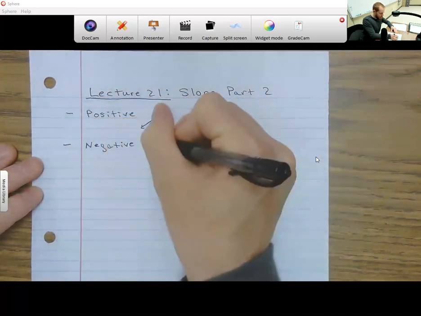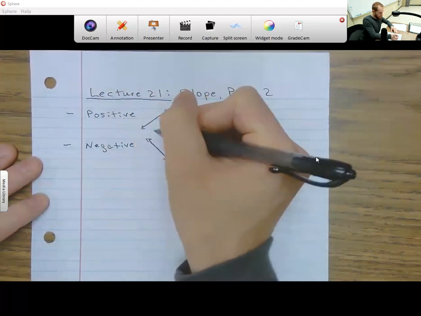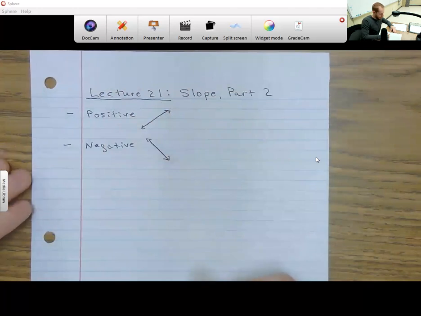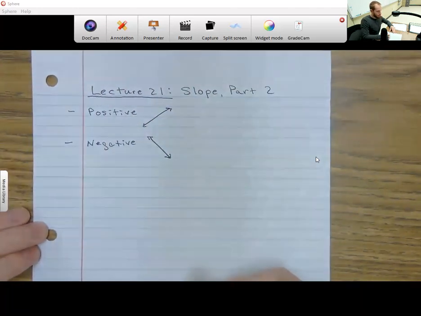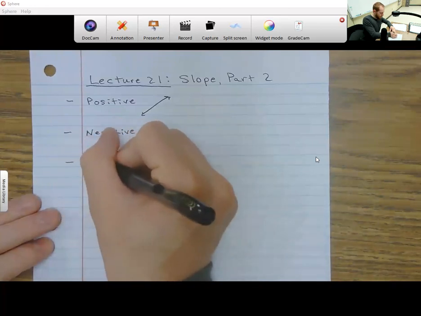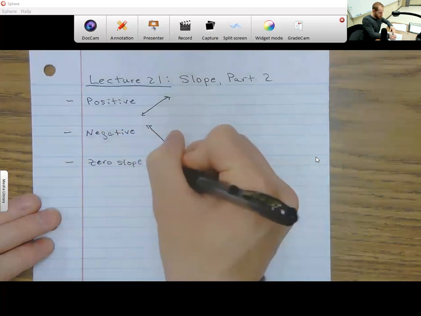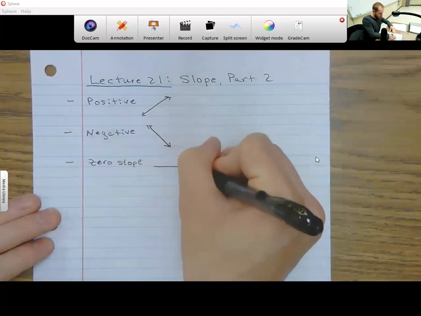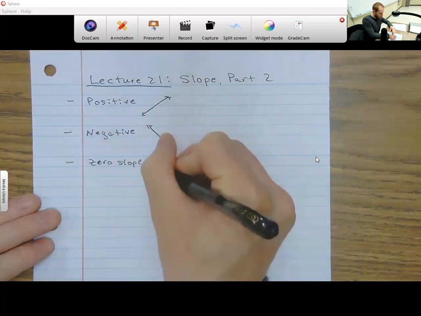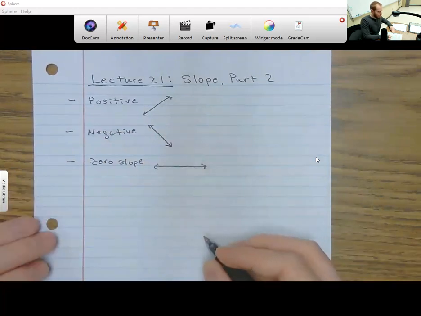In that case, your line would be going down from left to right. So look kind of like that. And then you have the 2 special cases where you could have a 0 slope. It would look like this, just a straight horizontal line with no slope to it. That's what happens if you have a 0 slope.